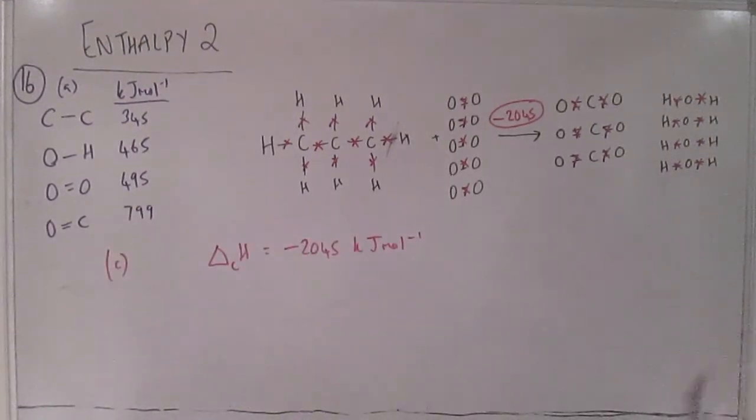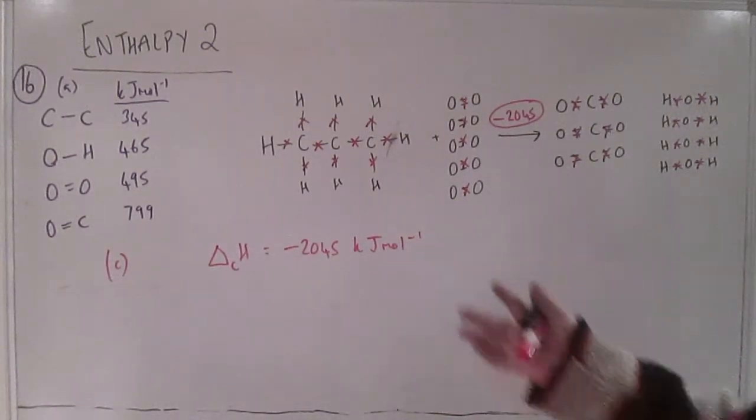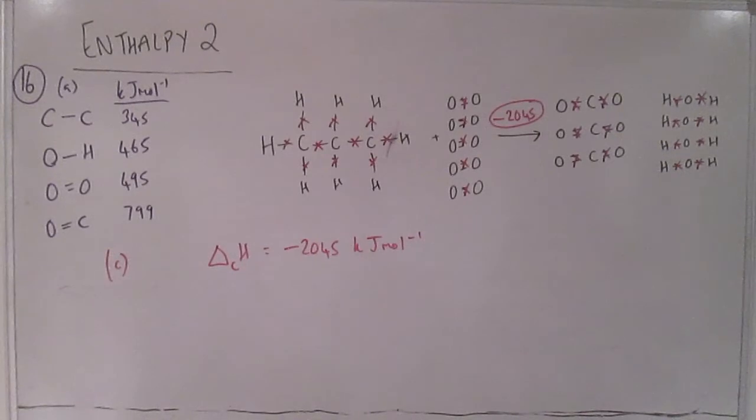Part C is just one of those random things that you sometimes have to do, which is to take your enthalpy change of combustion, which as normally is given in kilojoules per mole, and asked to turn it into kilojoules per gram.